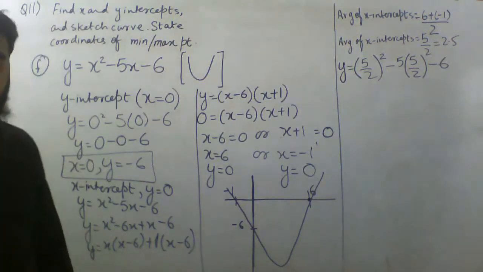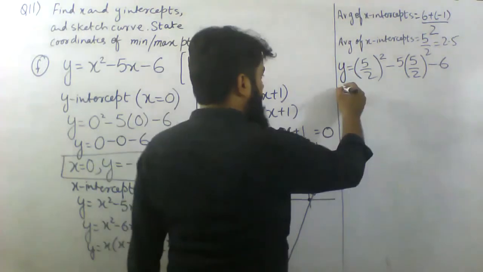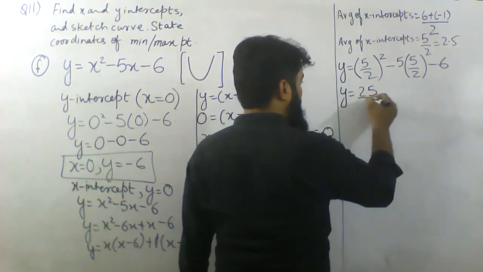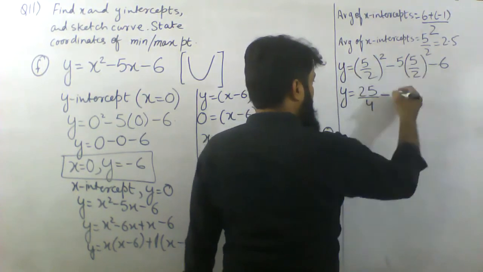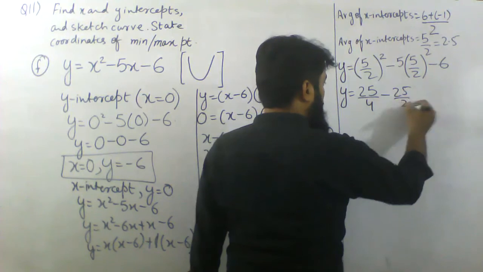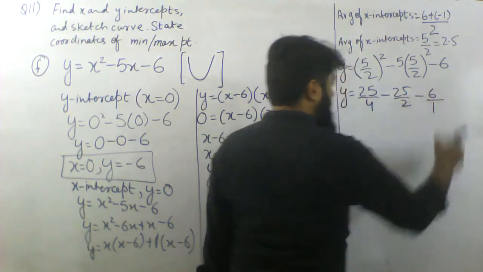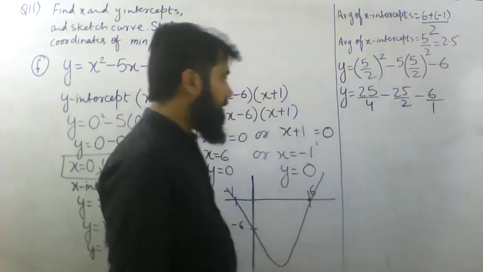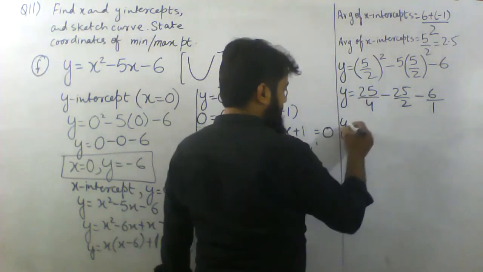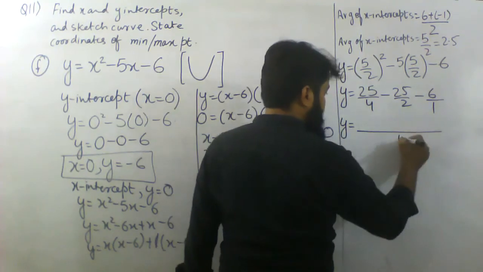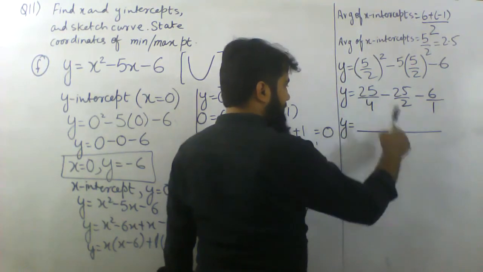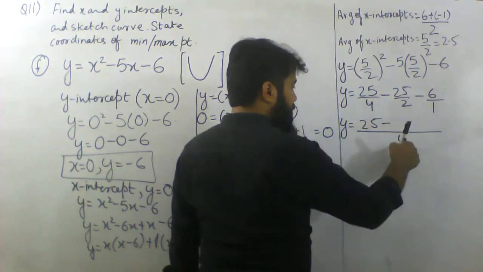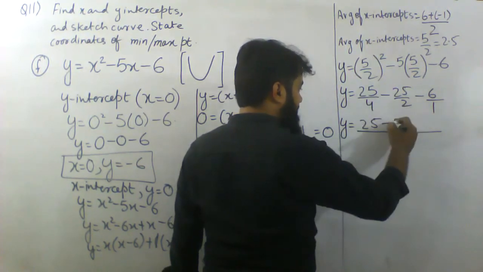Simplifying it, y equals to 5 square will be 25 over 4, minus 25 over 2 minus 6 upon 1. No denominator is there, so I have written 1 under it. So simplifying it, LCM will be 4. 4 ones are 4, 1 into 25. 2 twos are 4, 2 into 25 is 50.